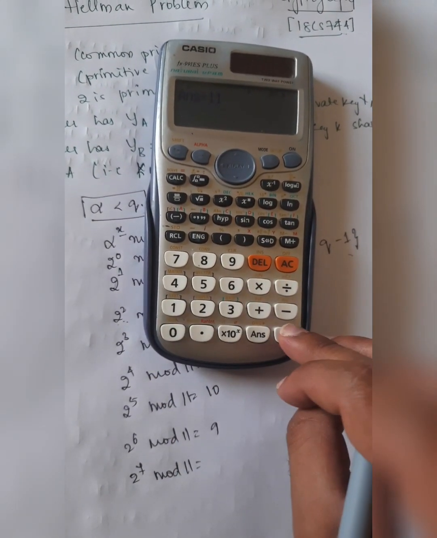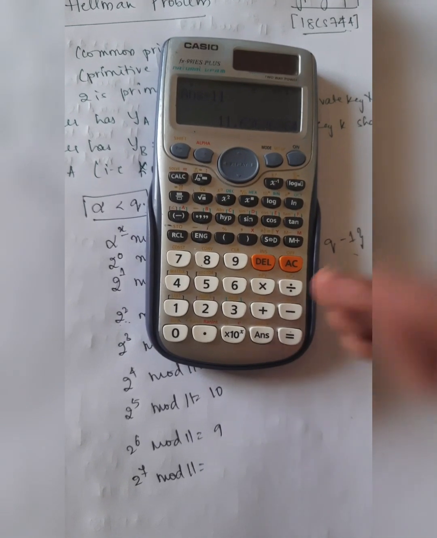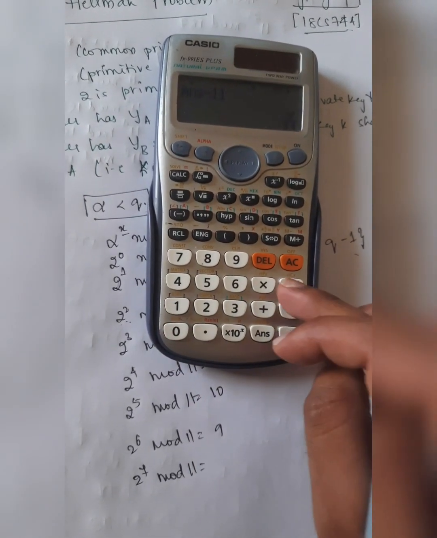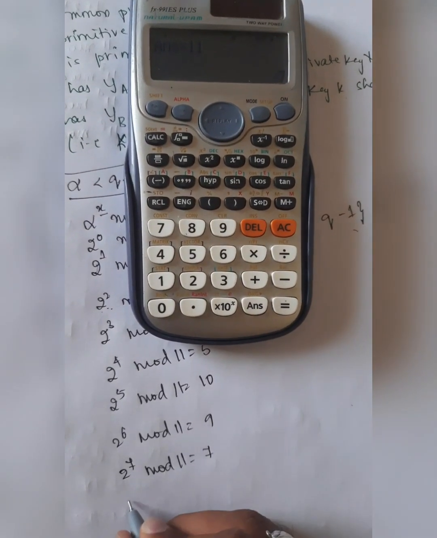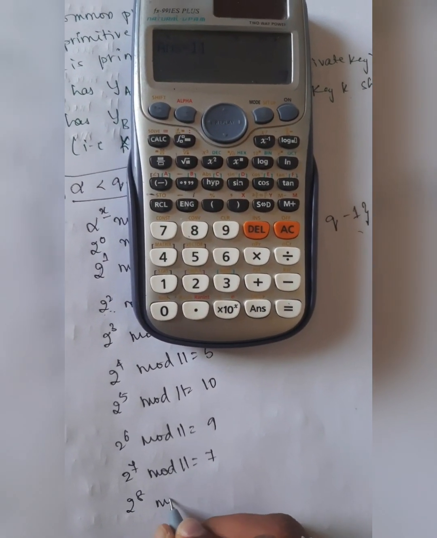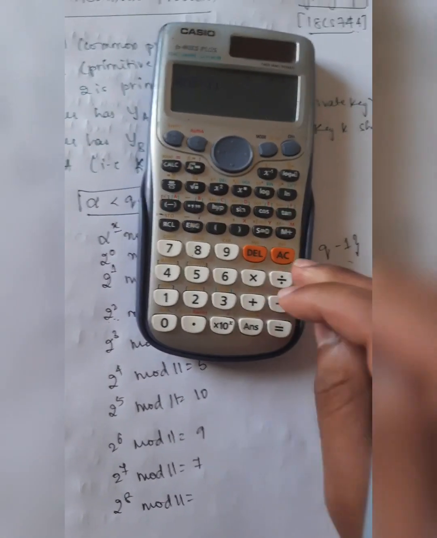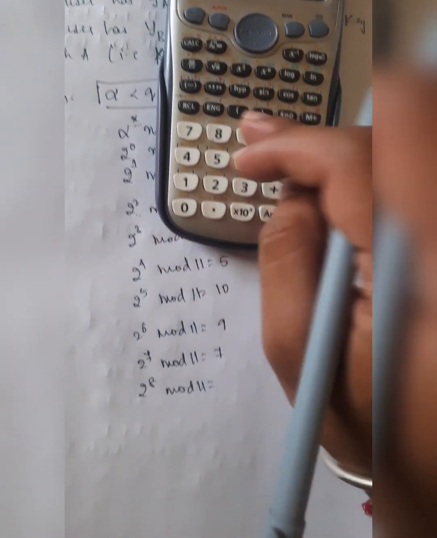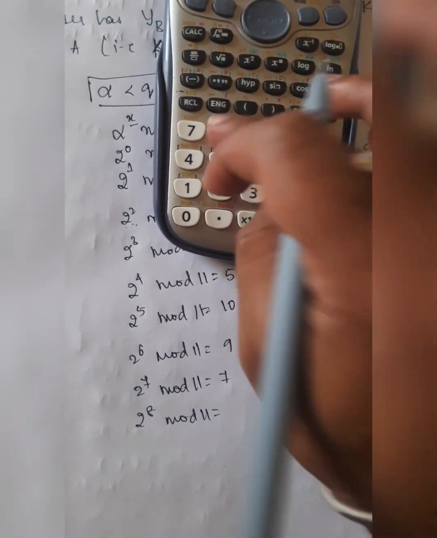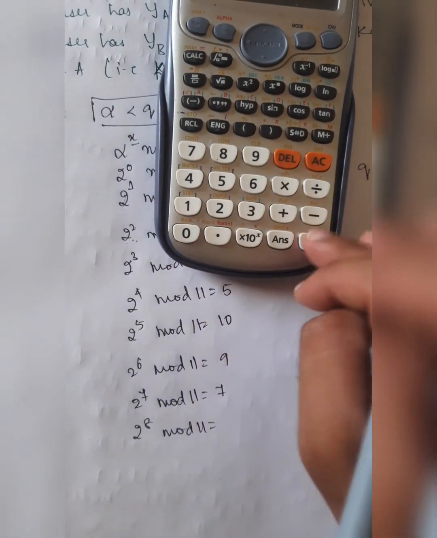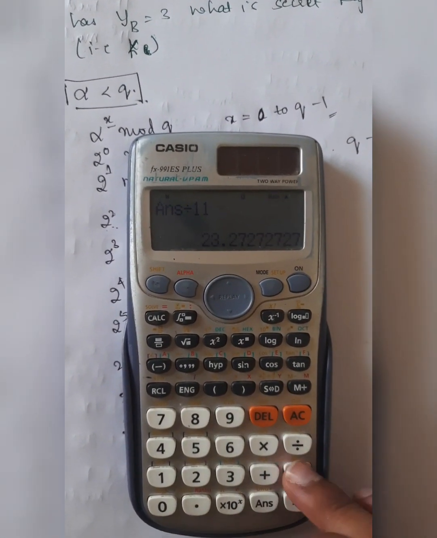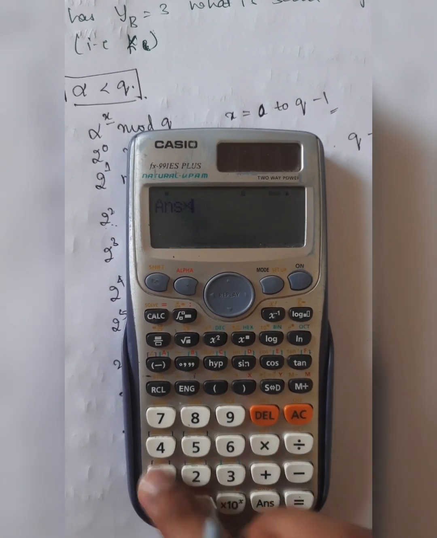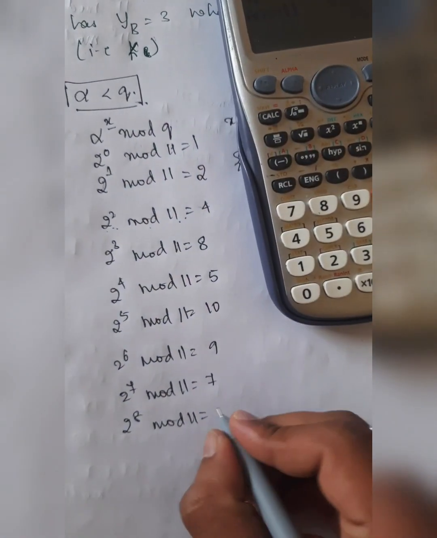2 power 7 modulus of 11: minus 11 into 11, we are getting 7. 2 power 8 modulus of 11: 2 power 8 divided by 11, you are getting 23, minus 23 into 11, we will get 3.